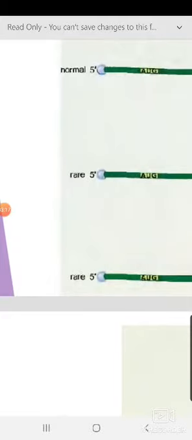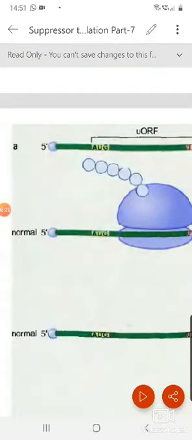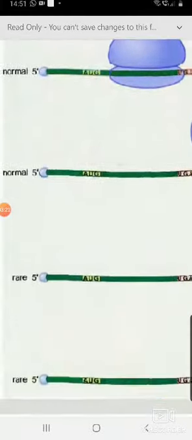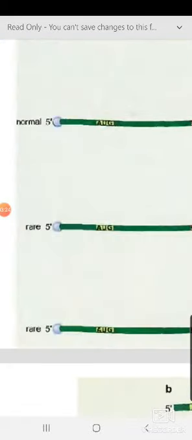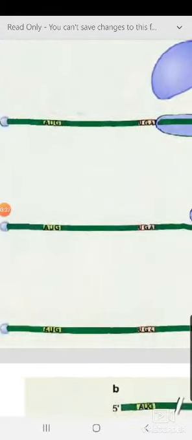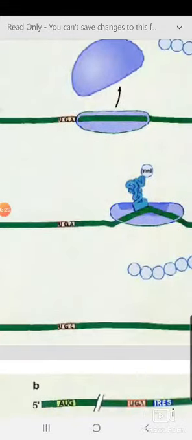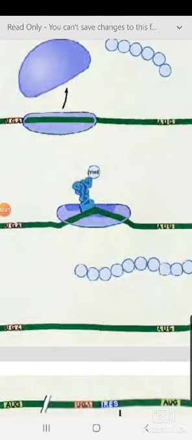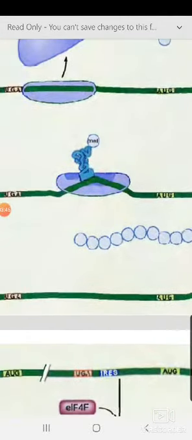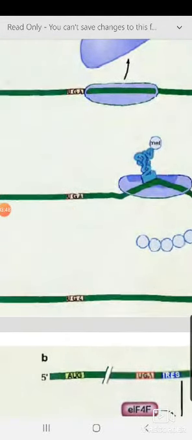In the third diagram, the first one is what should happen in the normal case, but in the rare one, instead of dissociating from the mRNA, this small subunit, which is still bound with the initiator tRNA, starts scanning and reaches the main AUG sequence. If this is happening, then a leaky translation is always going on.